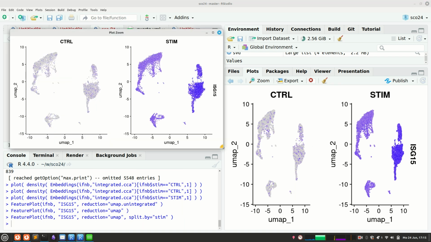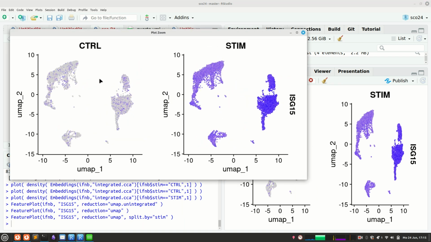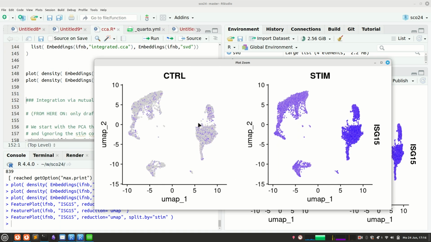Yes, exactly. And now you see it has split the UMAP, using only the control cells to the left and the stimulated to the right, and I can directly compare for each place in which cells the stimulation causes a strong increase of ISG15 and where it causes a weak increase.